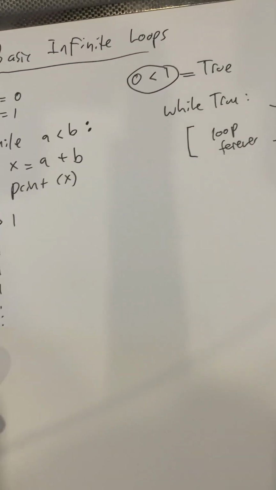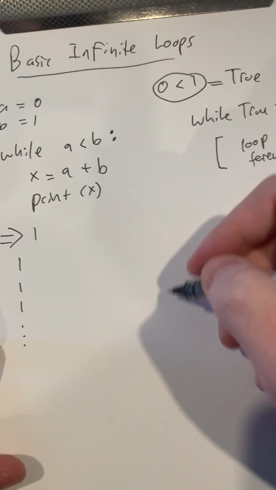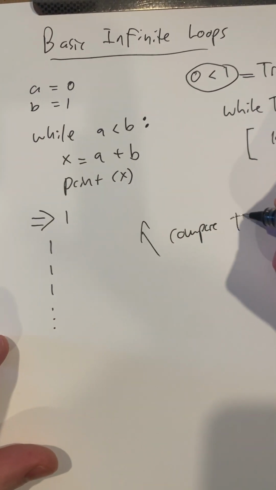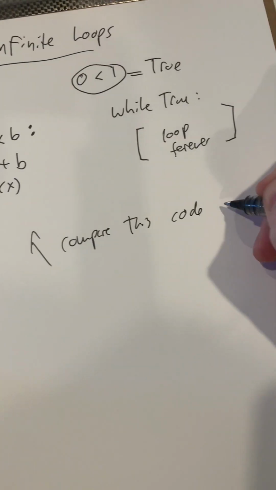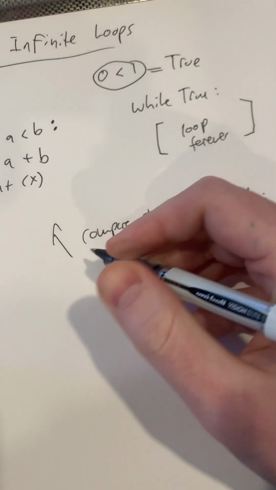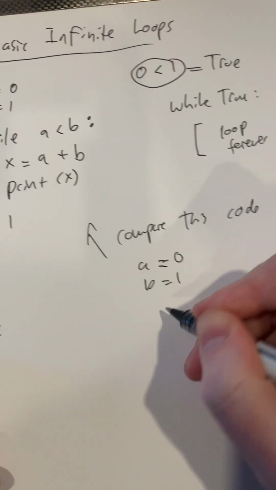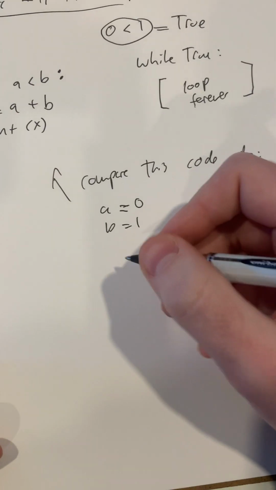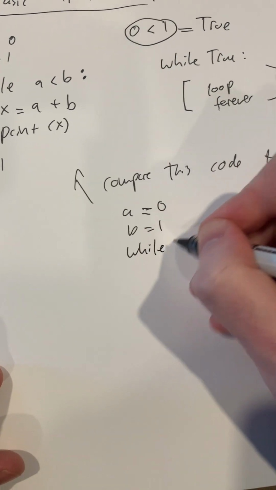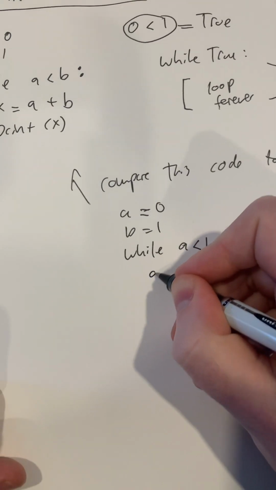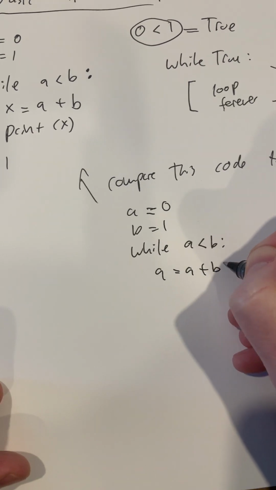So what we can also do is compare this code to this code. A equals 0, b equals 1. Got another while loop. A is less than b. Print a is equal to a plus b.